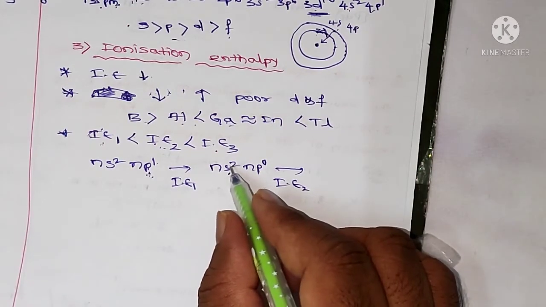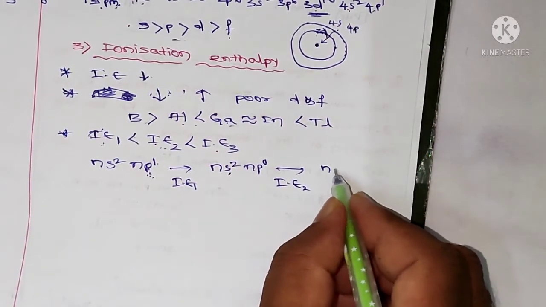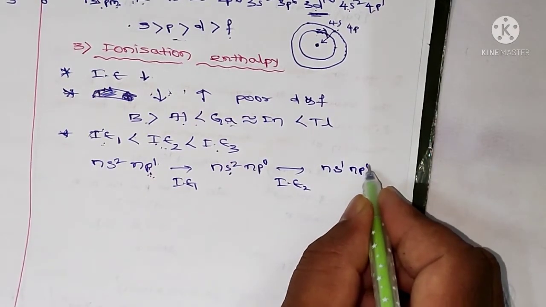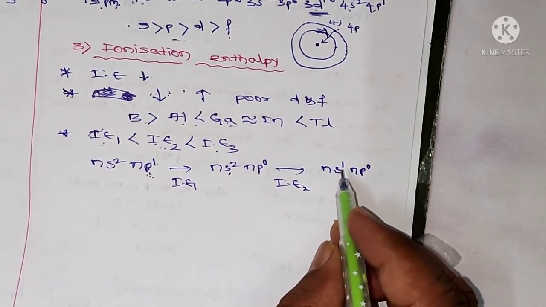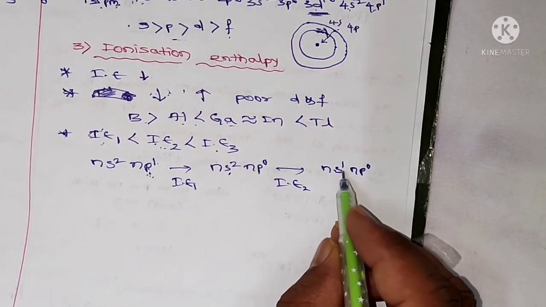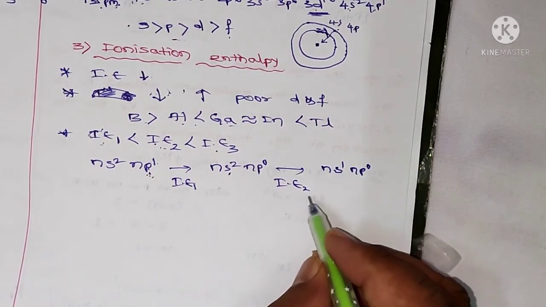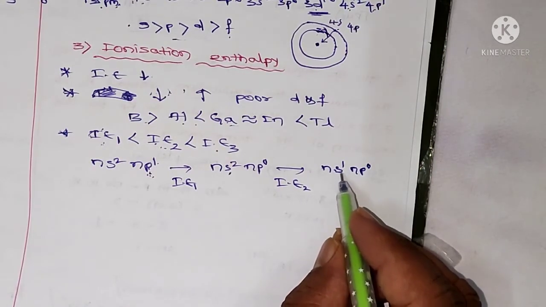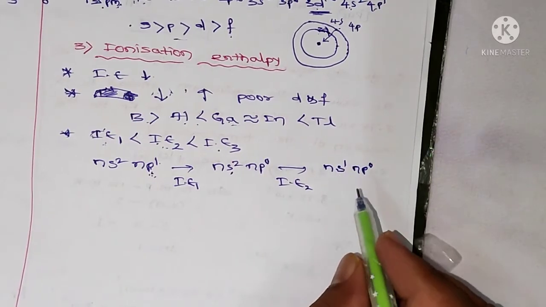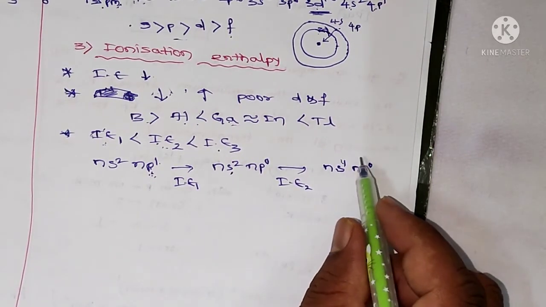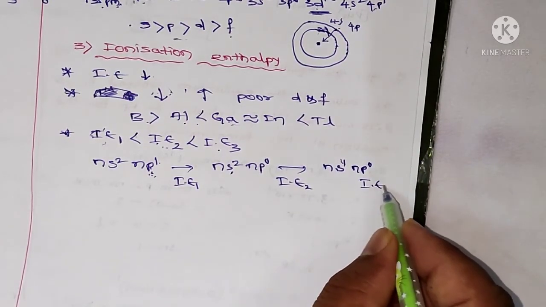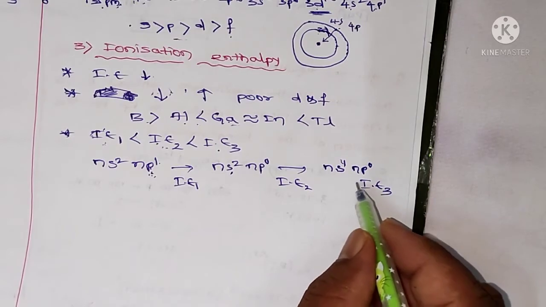After removing the electron from the s orbital, we have ns1 np0. This electron is strongly attracted towards the nucleus, so more energy is required to remove it, and that energy is the third ionization enthalpy.